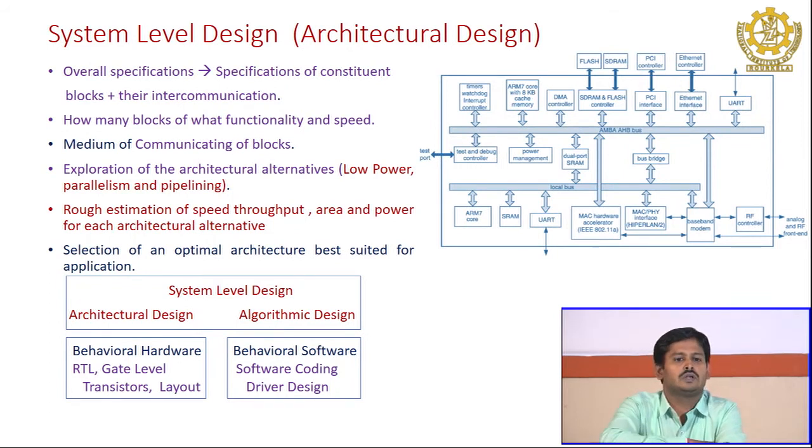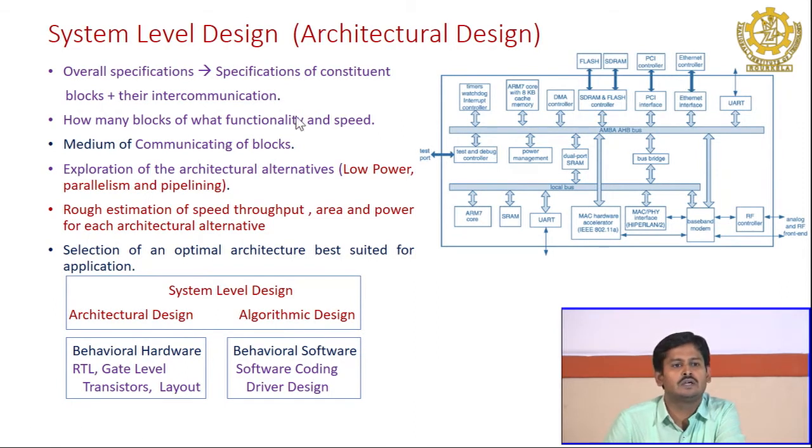Okay. So now at the architectural level, if you are designing a microprocessor, you have to decide which blocks are there inside a data path, what the different blocks are, how many blocks there are and what their functionality is. You can also decide their speed, because their speed will matter to finalize your overall design speed.